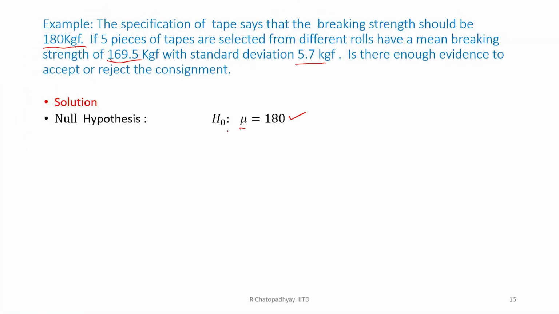So in this case the null hypothesis is mu equal to 180. Alternative hypothesis is mu less than 180, because the sample mean we have found to be less than 180 kg force.